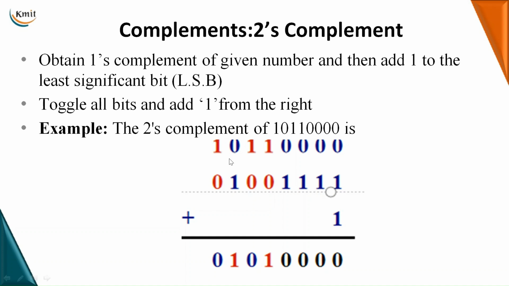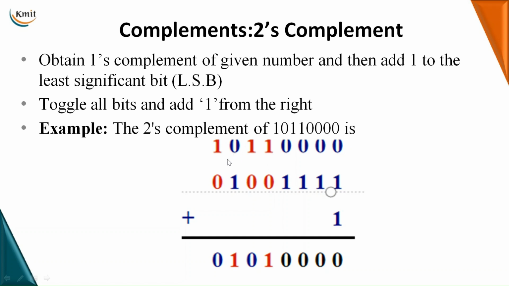So if you look at this example, I want to perform a two's complement of this binary number 10110000. For this binary number, to get a two's complement, I have to first perform the ones complement. So what is ones complement? You have to make ones as zeros and zeros as ones. And then after performing ones complement, you need to add 1 to the least significant bit of the ones complement result.